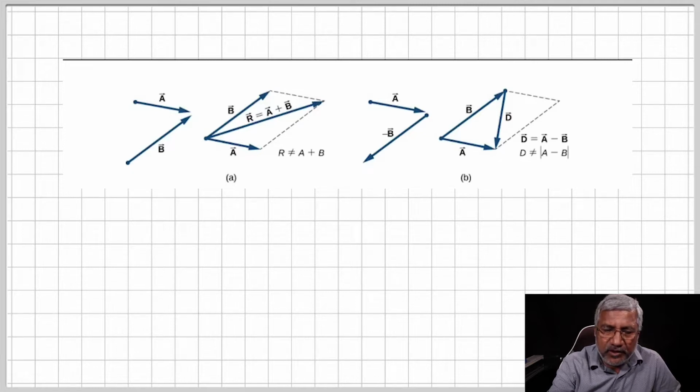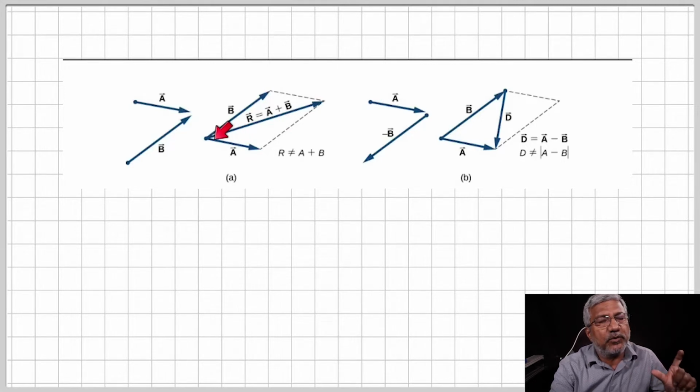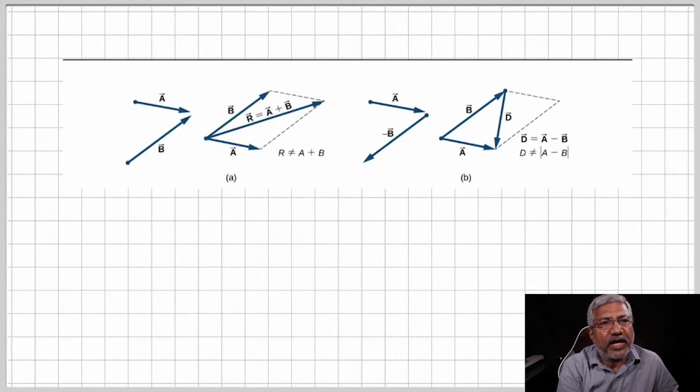You can move them parallel to themselves and join them at one end and complete a parallelogram because the opposite sides are parallel. And if you draw the diagonal of that parallelogram, passing through the point where the two vectors are joined, then the diagonal will give you the resultant. So that's one way of adding vectors.